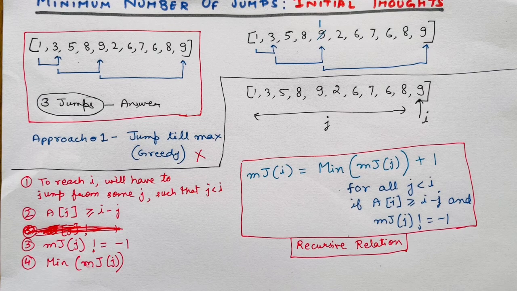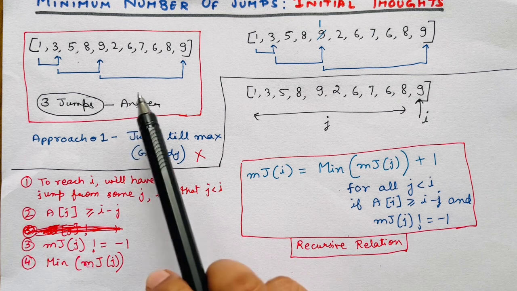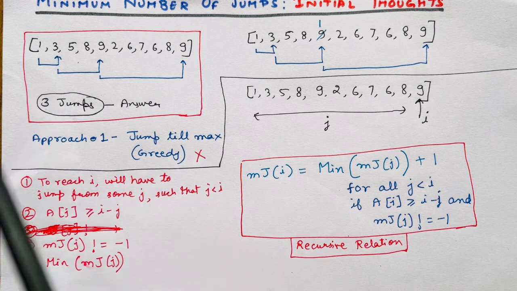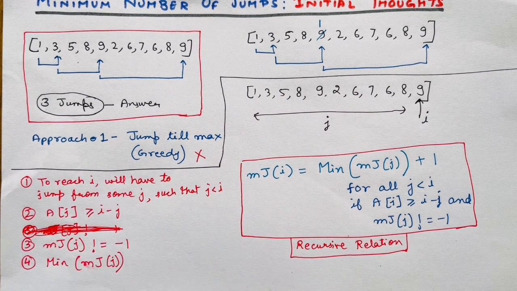Before moving to the bottom-up approach, let us first see how we derived the recursive relation while solving using the top-down approach. So this was our array. Our aim was to reach the last index from the first index in minimum number of jumps. So we made a few observations.